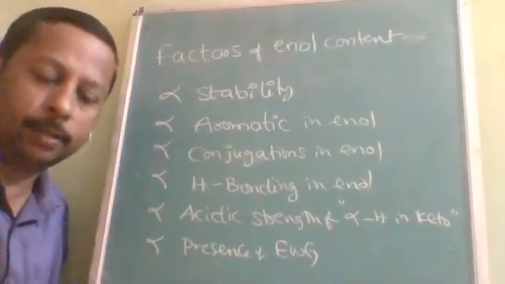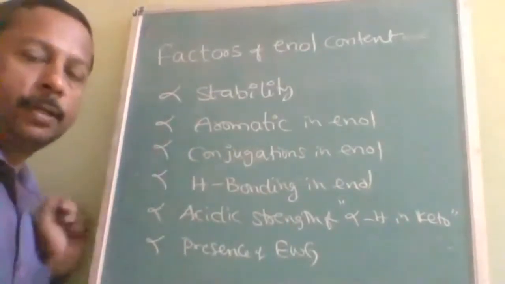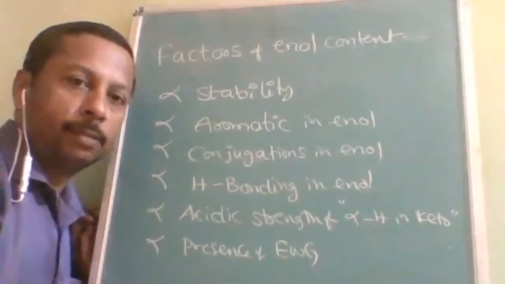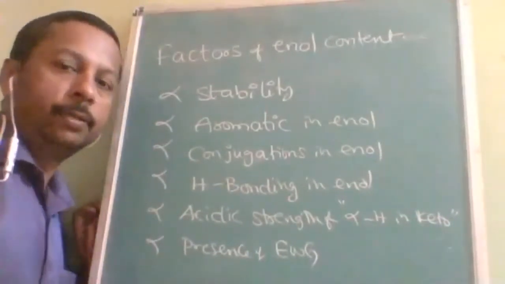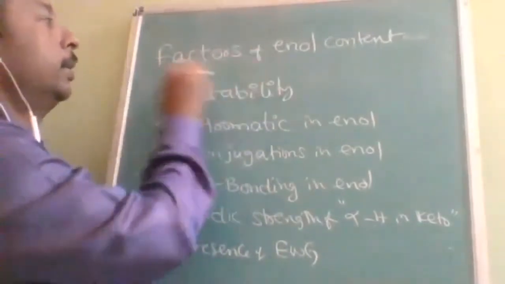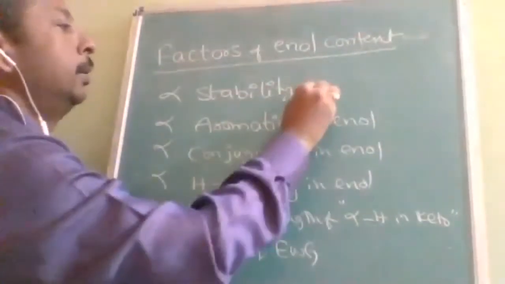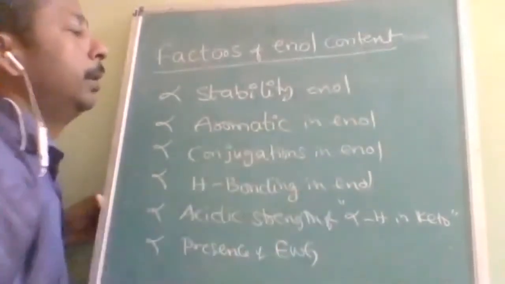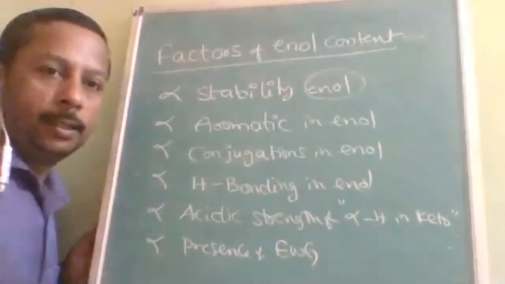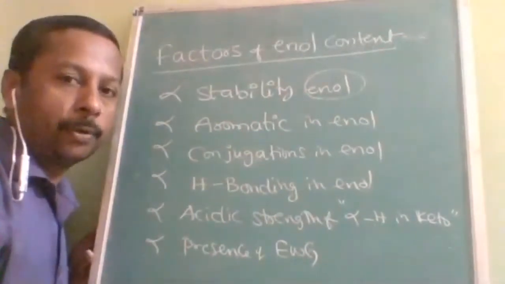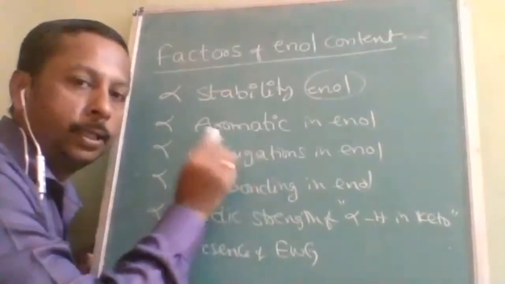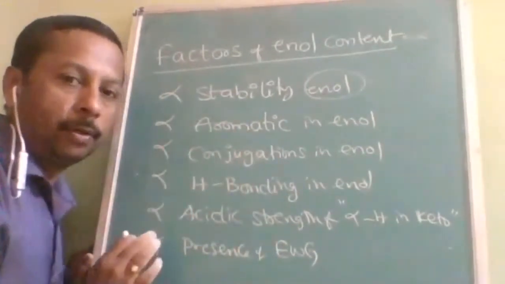Now we are into the most important topic: how to identify in which one the enol content will be more and which one has less enol content. These are the factors. Stability of enol: if the enol form is more stable, obviously its enol content will be more. If it is aromatic in enol form, then it is going to stay in enol form only.